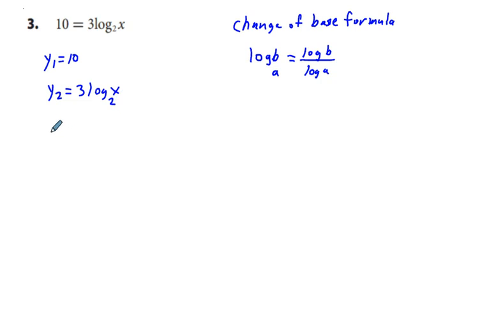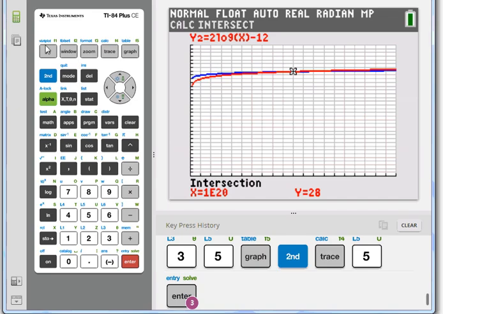Consequently, we can rewrite this y2 as 3 times log of x over log of 2. And so now we can go to our calculator and enter each of these functions.